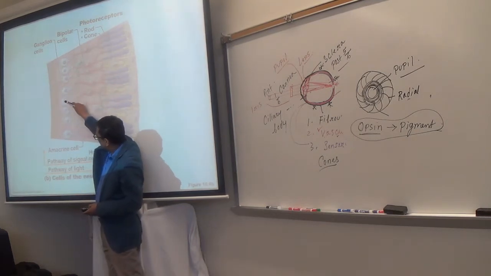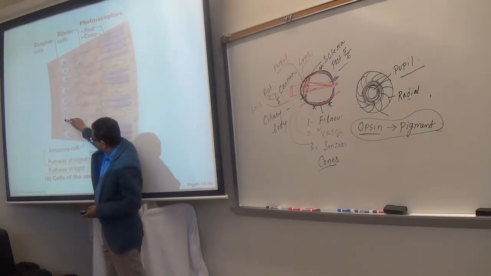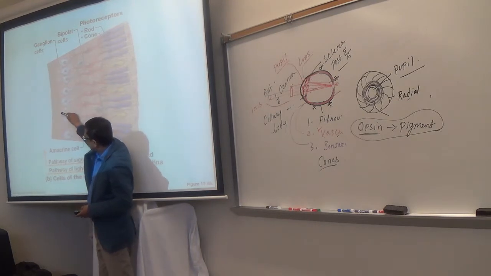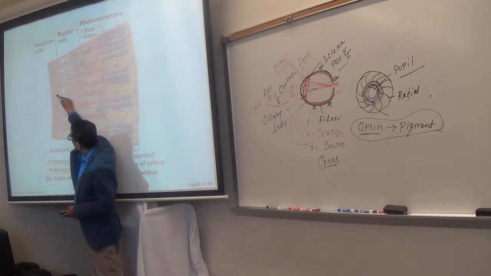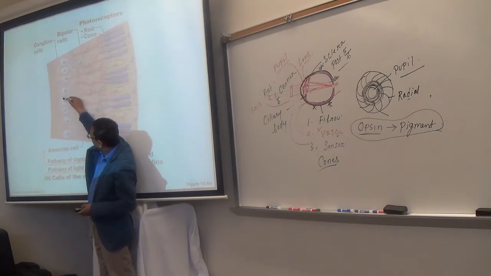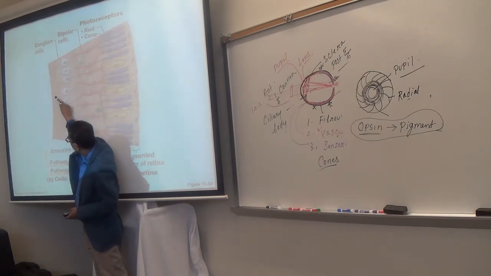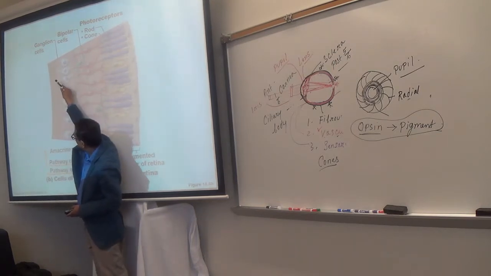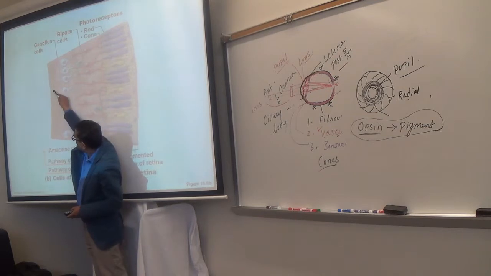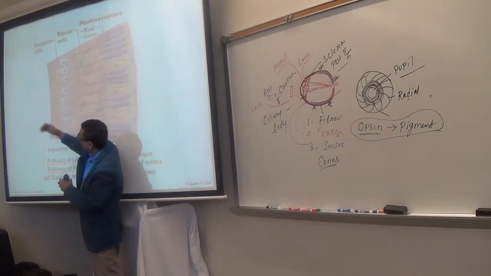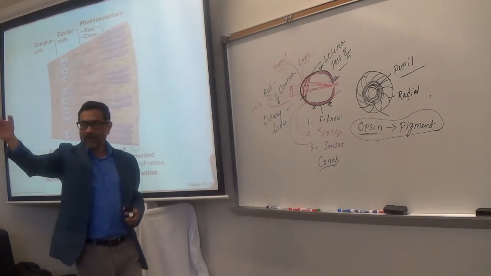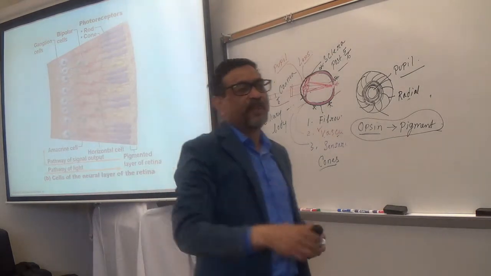And these are the cells that form the optic nerve. How? These are actually neuron type cells. So this is the dendrite, which brings the signal in, and this is the axon, which takes the signal out. All these axons of the ganglion cells bundle together to form the optic nerve.